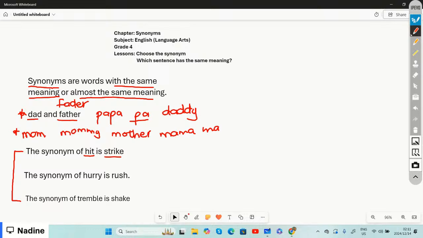And then also, the synonym of hurry, like you need to hurry up, or I'm in a hurry. It's the same as saying I'm in a rush.